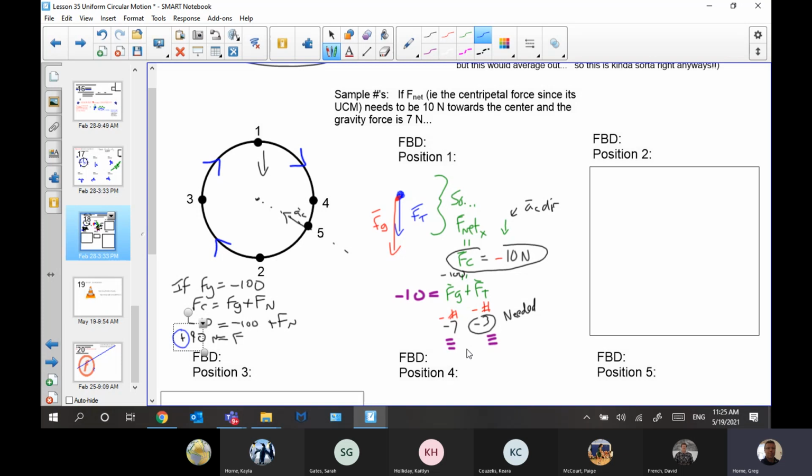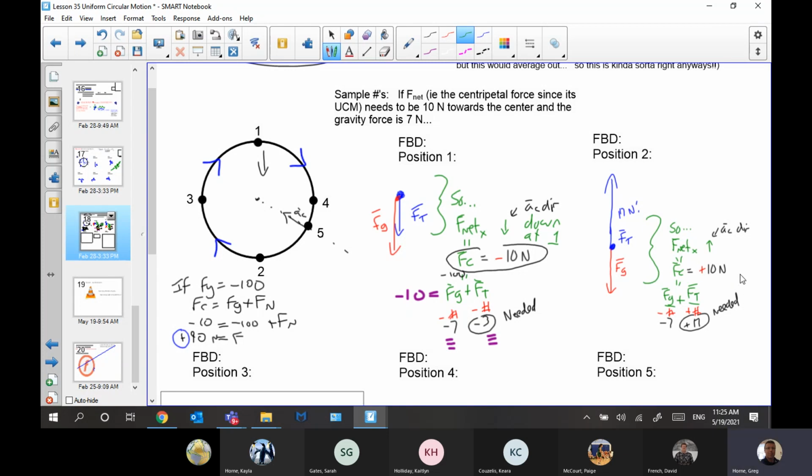So right here, acceleration direction, let's add that it's down at position 1, right? At this position, the centripetal force would be down. What about position 2? Centripetal force would have to obviously be up, right? And so in our math, we're going to have a positive 10 put in.